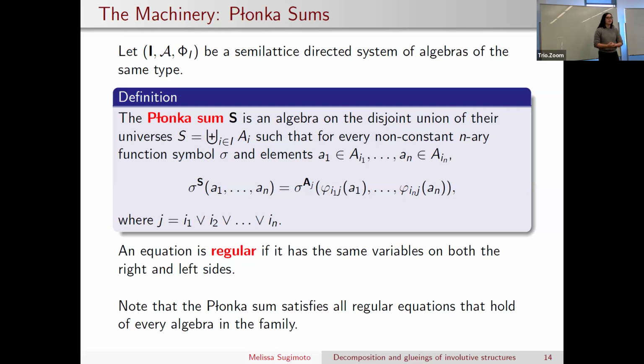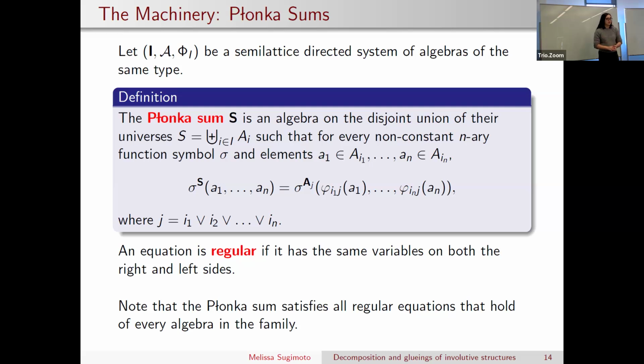So we take any non-constant n-ary function symbol, say sigma, and we take any elements a_1, an element in algebra A_i1, all the way up to a_n in algebra A_in. And we want to say what sigma of a_1 to a_n is.